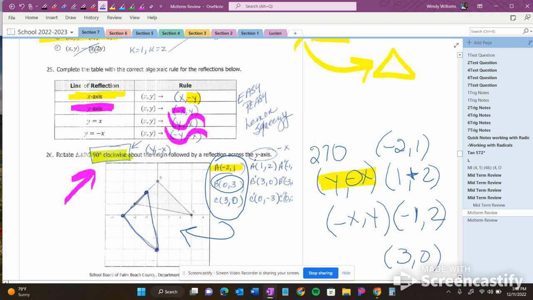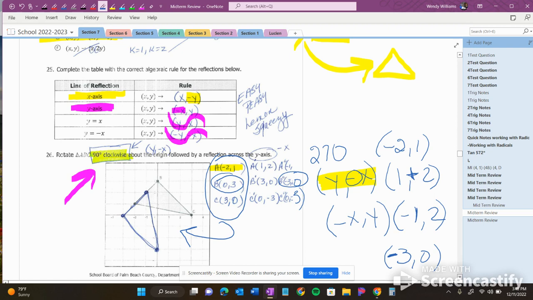And you really can't negate the 0. And then across the y, change the x, -3. Voila, you have -3, 0. And then you would have -3 down here.